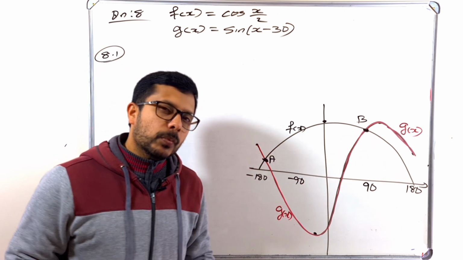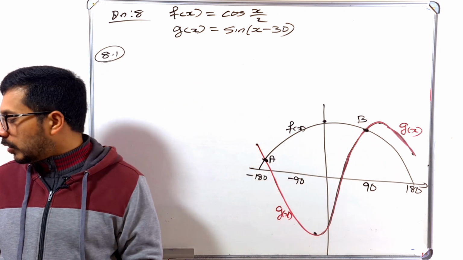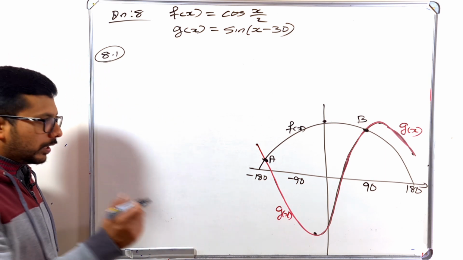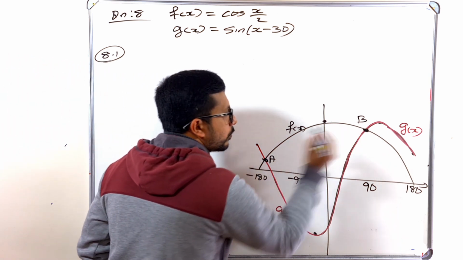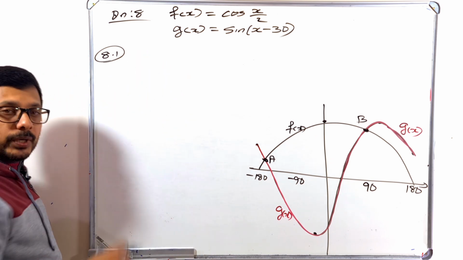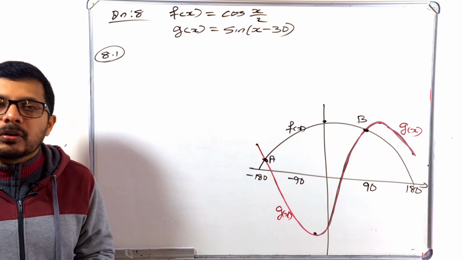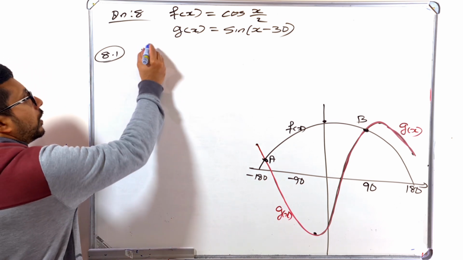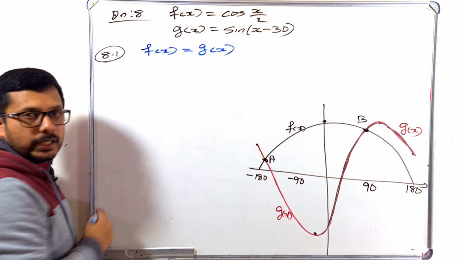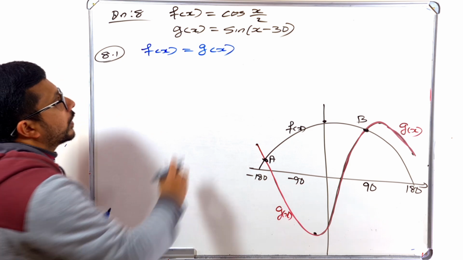So both the graphs intersect means what? At those particular points, this point and this point, both the graphs are equal. That means at those points, f of x is equal to g of x. So what is f of x?